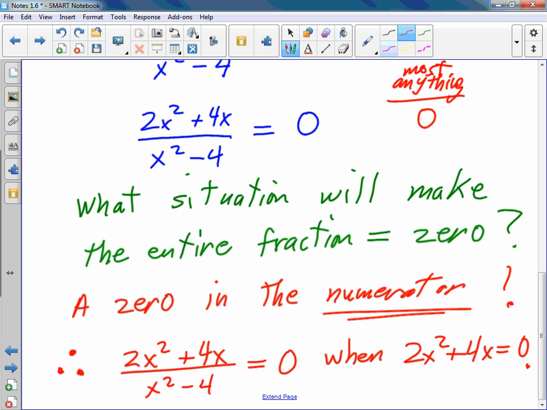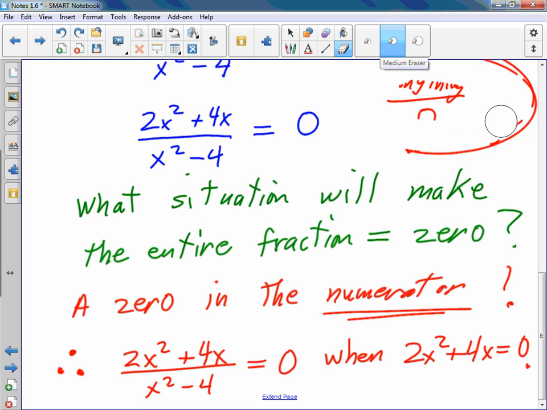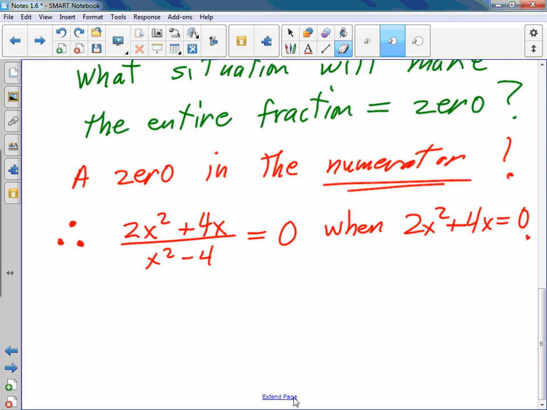Yeah, it has an infinite number of sums, so we say it's undefined. Okay, so when you see this, you go Danger Will Robinson. But 0 is okay. 0 in the numerator is okay. So we can say for right now, when 2x squared plus 4x equals 0, we're cool. All right? So let's continue going.